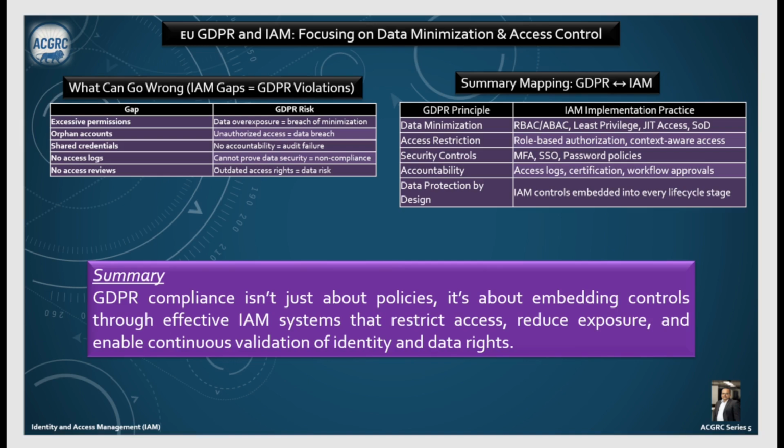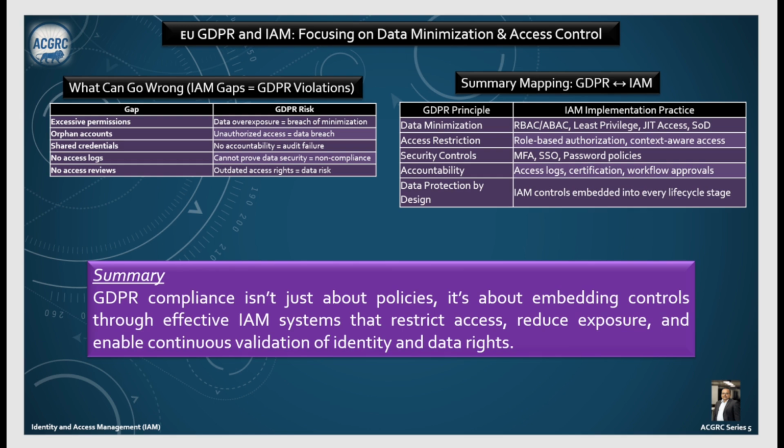So in this, can anything go wrong? Yes. It starts off with excessive permissions. Data overexposure could trigger a breach of minimization. Orphan accounts could be a gap where unauthorized access is also considered a data breach.